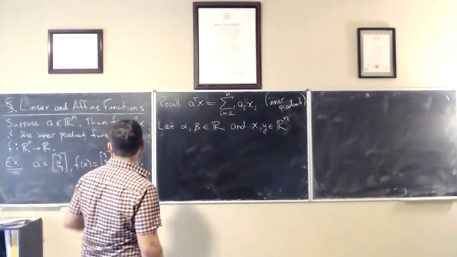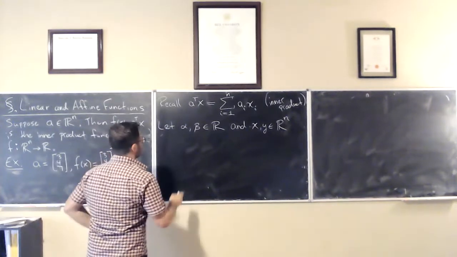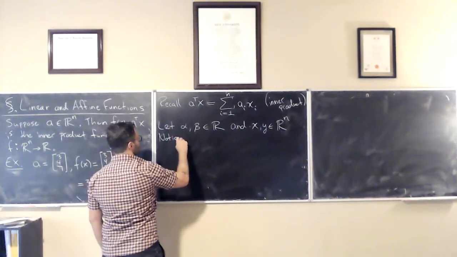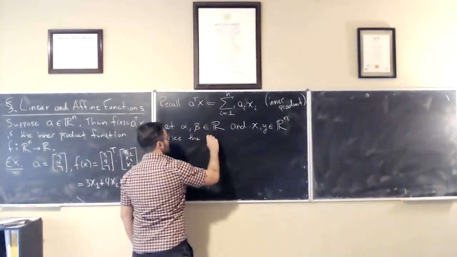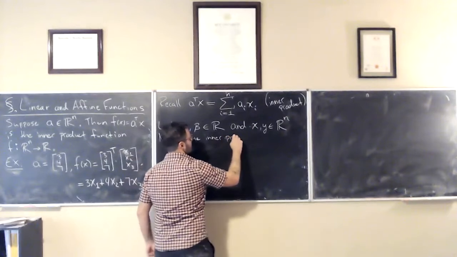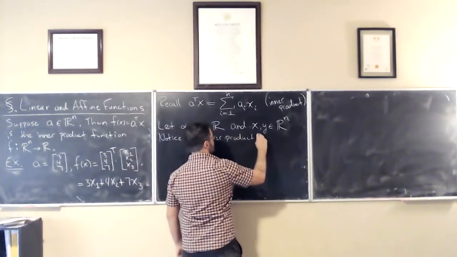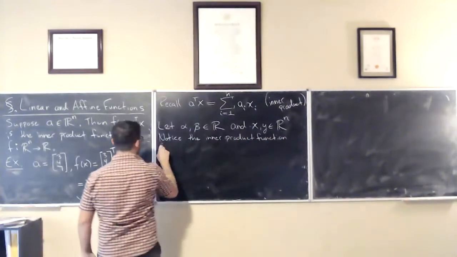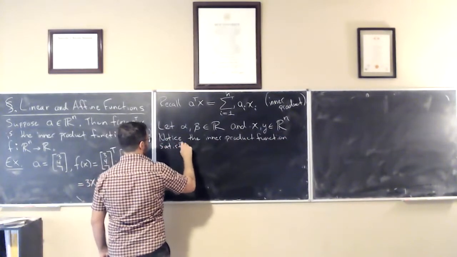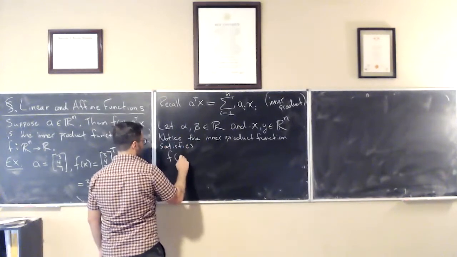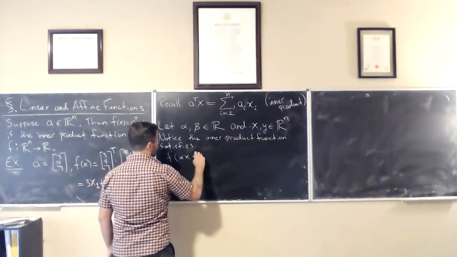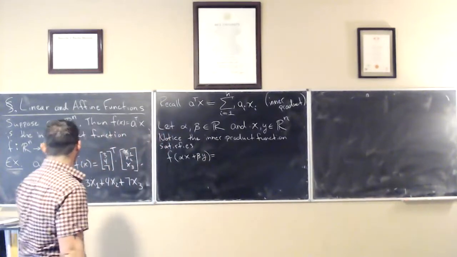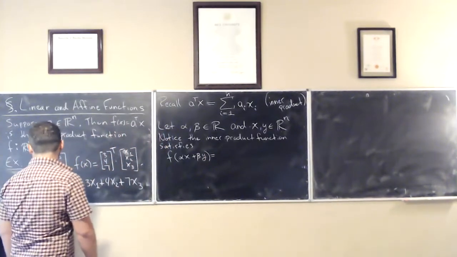Now notice the inner product function satisfies the following. Take f of alpha times x plus beta times y. Well, what is this by definition?